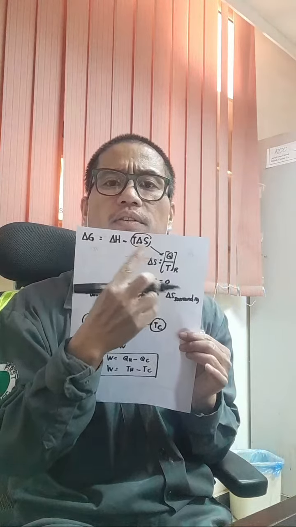So we can rewrite this: if delta G is less than 0, negative, spontaneous. Now the reverse: if delta G, the Gibbs free energy, is greater than 0, so it has a positive sign, it is non-spontaneous.